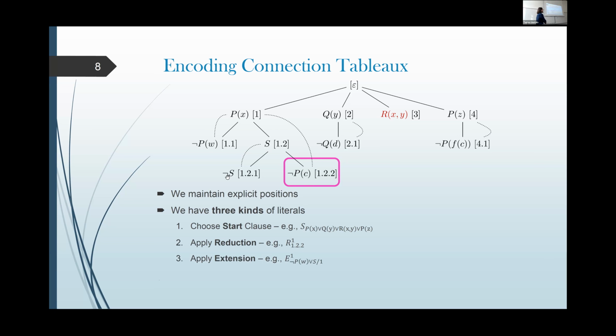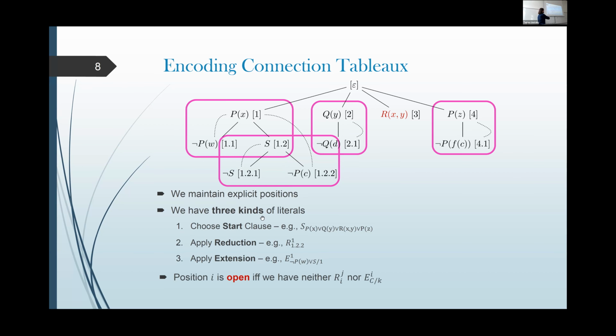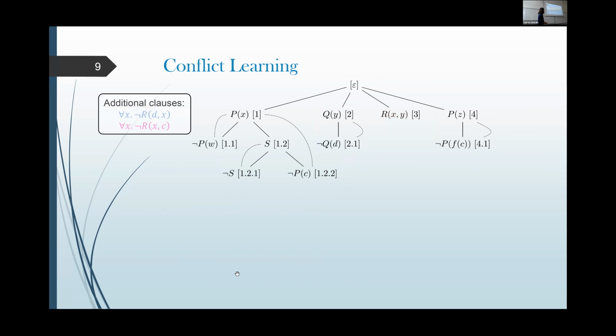And we have extension literals that say, for example, this one at position 1.2, we added this clause here, or in this case, this not W is added at position 1, and this one refers to the position where we attach it to. And we say a position is open if we have neither a reduction nor an extension step applied to it.